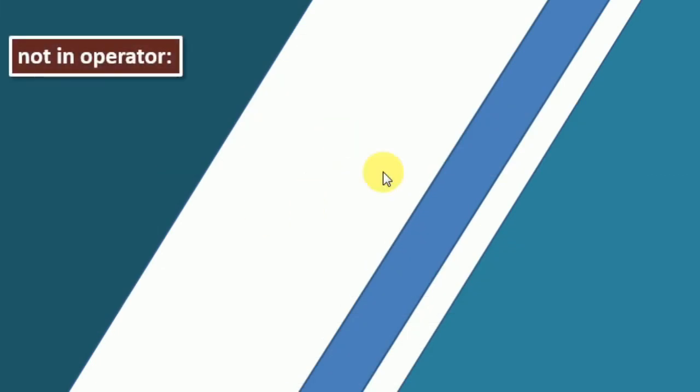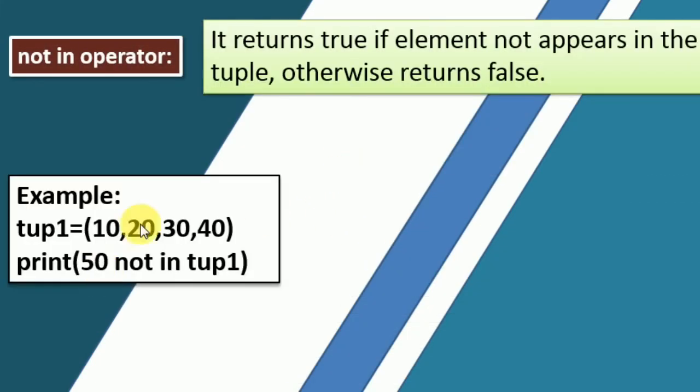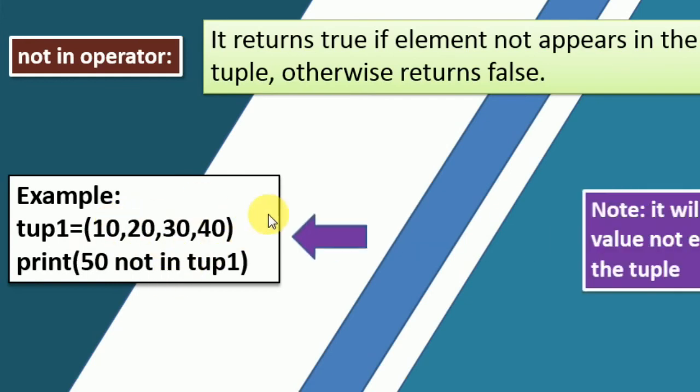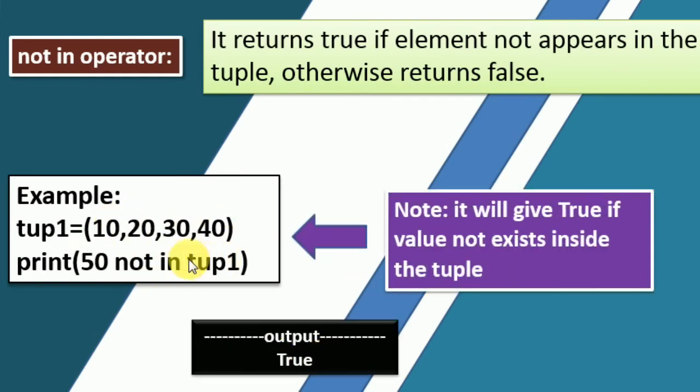Now not in: if 50 exists in this list, it will show us false. But if 50 does not exist in this list, it displays true. 50 not in tuple 1. In this list 50 does not exist. That is correct, so it will display true.